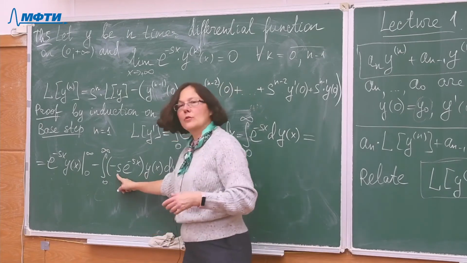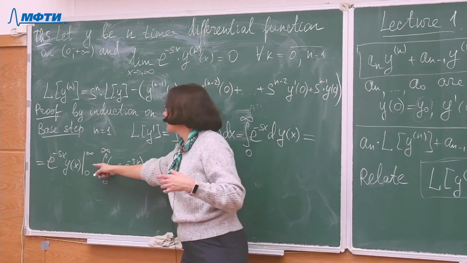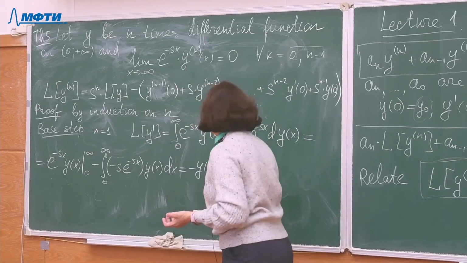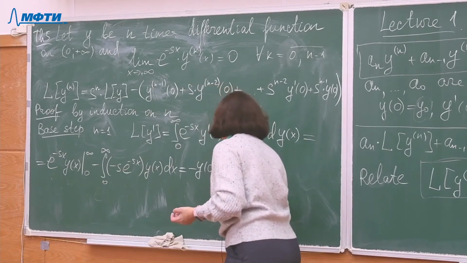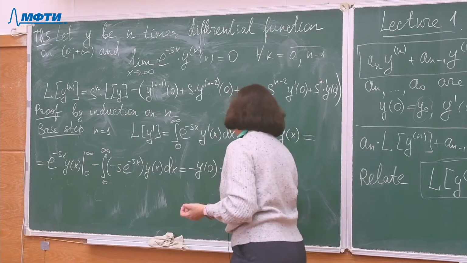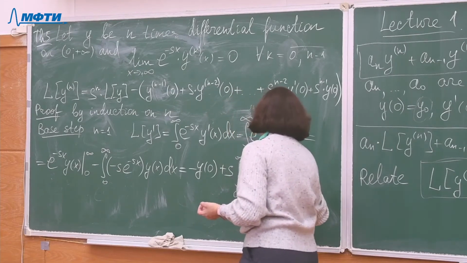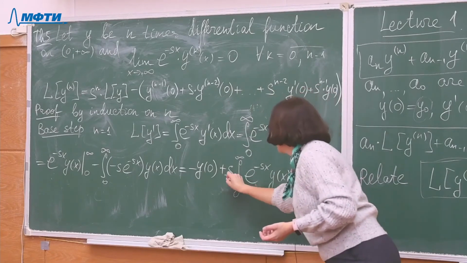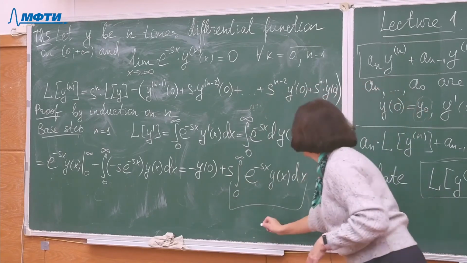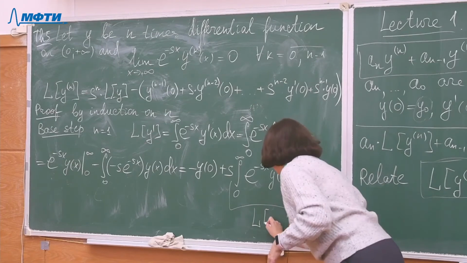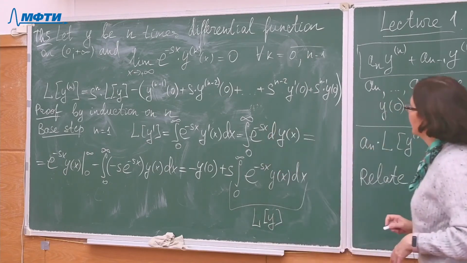So s is a constant here. It can be moved through the integral sign, plus s, the integral from 0 to infinity, e to the power minus sx y of x dx. But this is the Laplace transform of the function y.